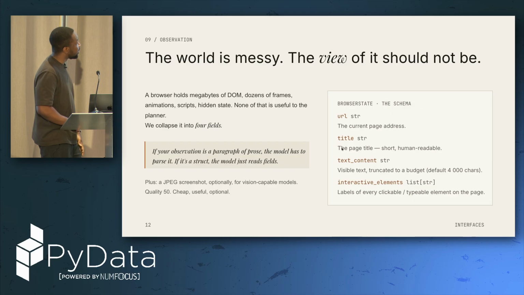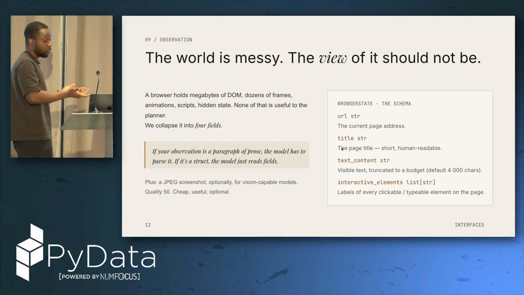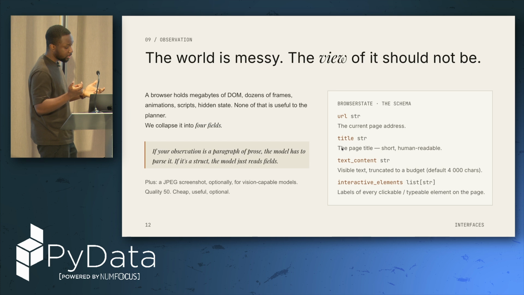The reason for doing that is because the web page is messy, with different things like CSS, HTML tags, and the likes. So we want to be able to strip down all of the information to only the pertinent things that the planner would need to tell the executor the next step to take.